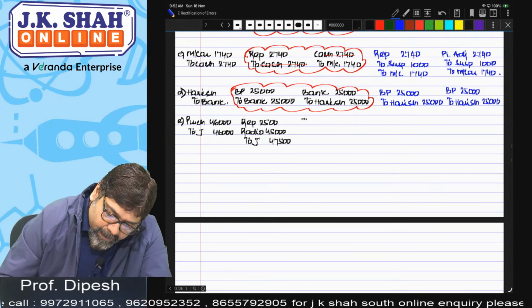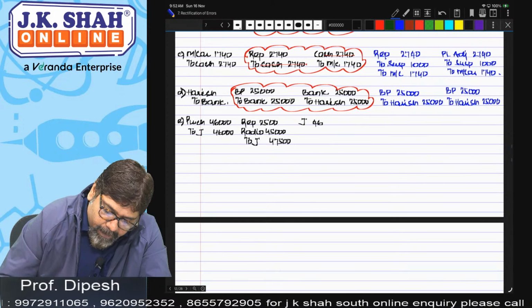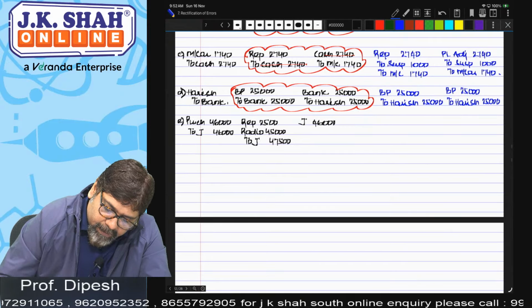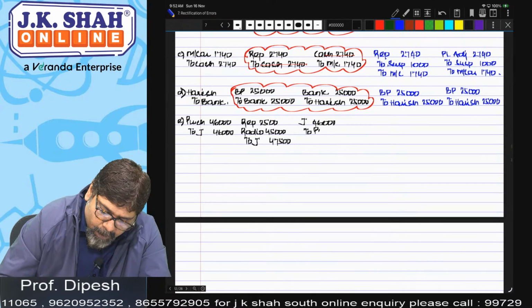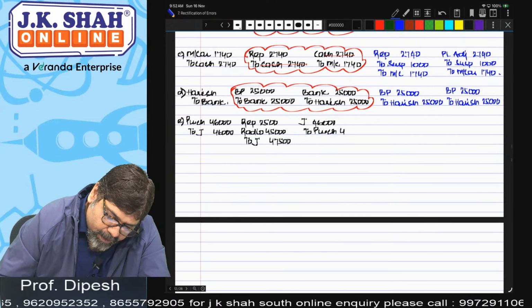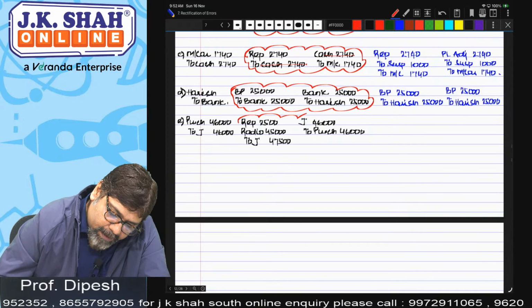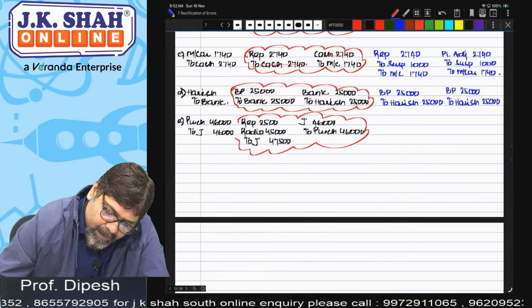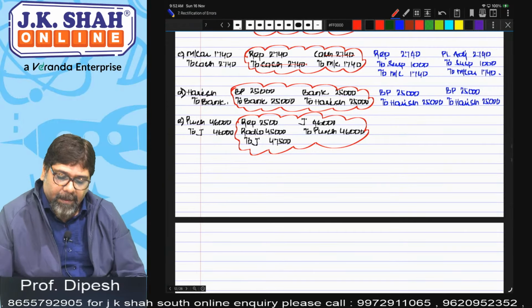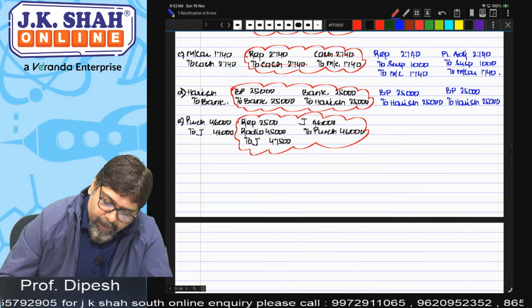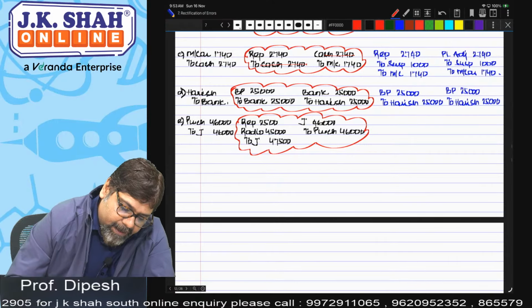Reverse of wrong entry. Janki 46 to purchase 46. Now combine these two entries. Repairs will be debited, radio will be debited, and purchase will be credited.